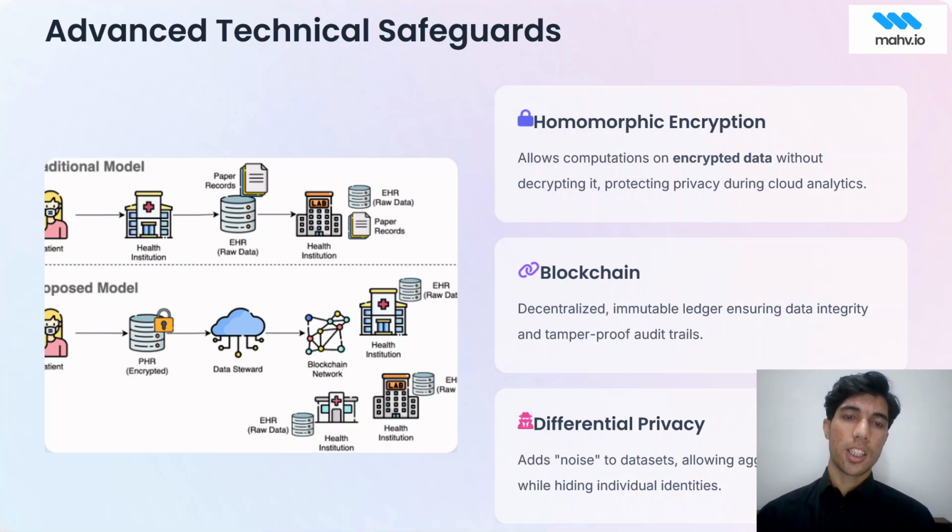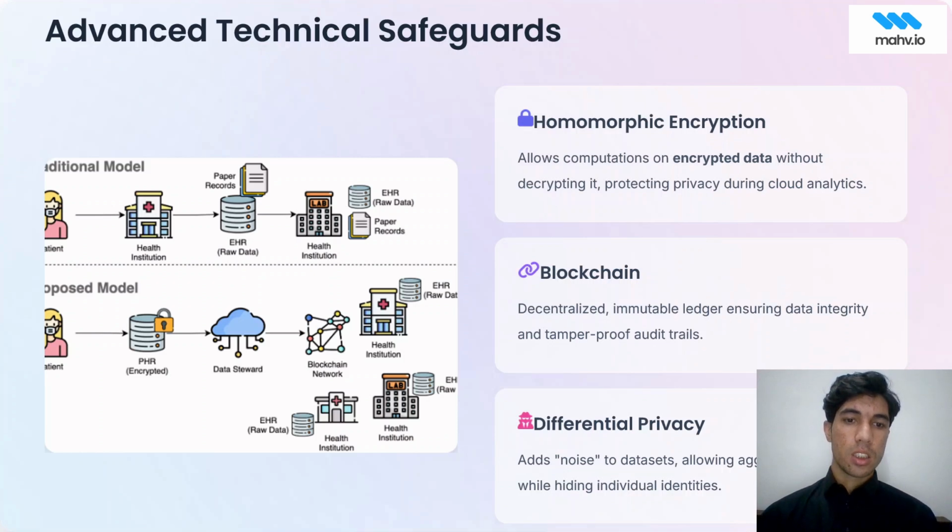So basically, the data is encoded, so there is very low chance of exposing the individual's information, and it protects privacy during cloud analytics, etc. The computation can be done on the encrypted data, so utility is maximized as well as the privacy. And there is blockchain, a decentralized, immutable ledger ensuring data integrity and tamper-proof audit trails, which basically cannot be traced back to the individual.